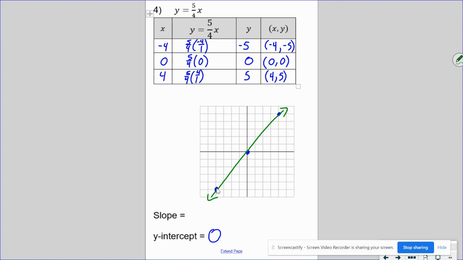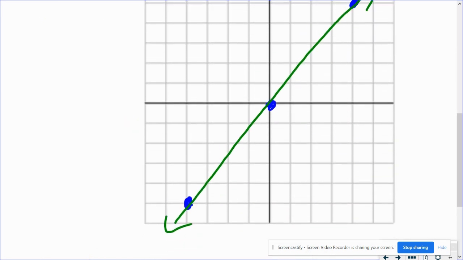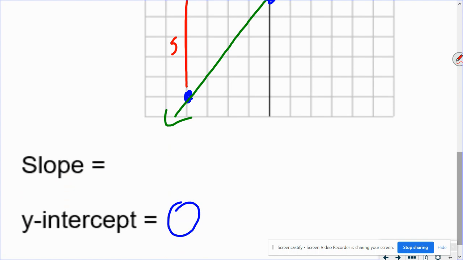So now we have to find our slope. How far do we go up? How far do we go over? 5/4. So is it 4/5 or 5/4? 5/4. Now, if you look at our equation, do you see that in our equation anywhere?